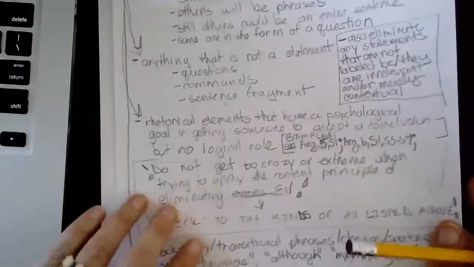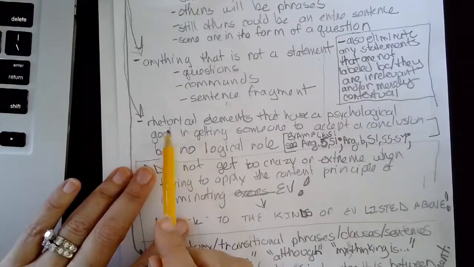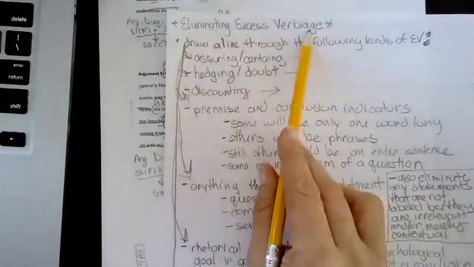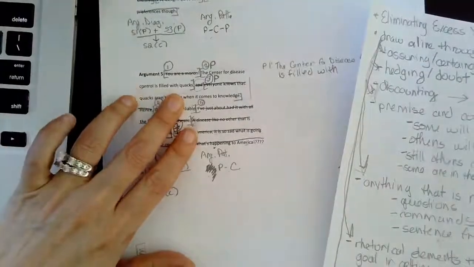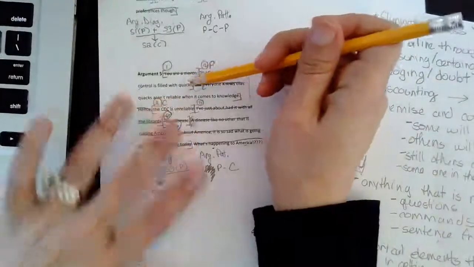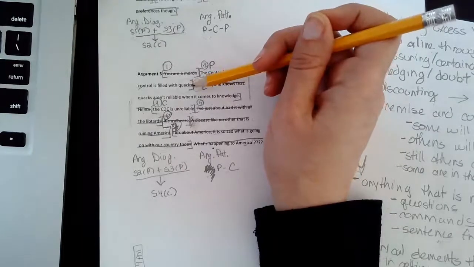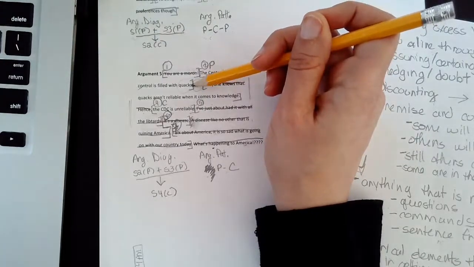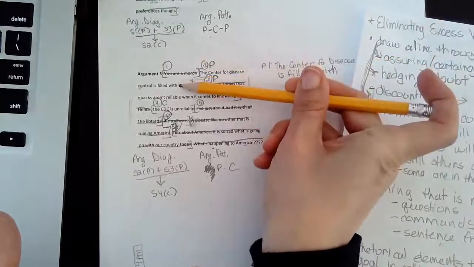If you go to page 3, you should have about halfway down your notes that rhetorical elements are excess verbiage that we eliminate with a line drawn through them. We're not able to draw a line in this instance. Why didn't we draw a line? We make the sentence incomplete.